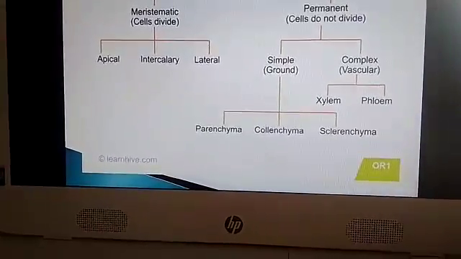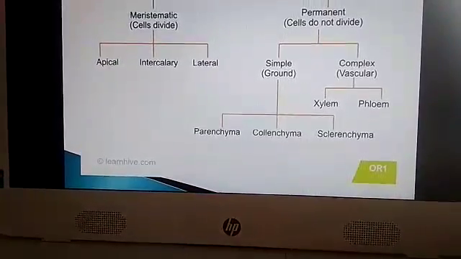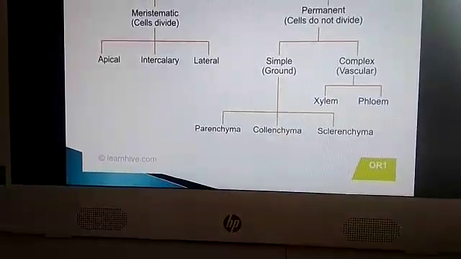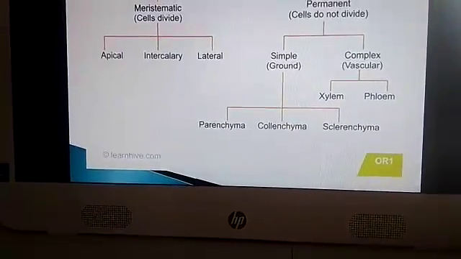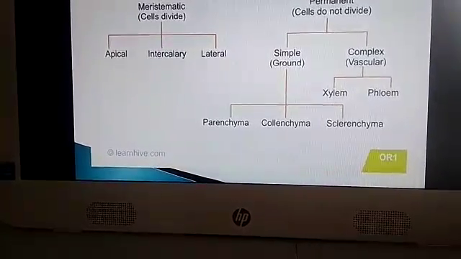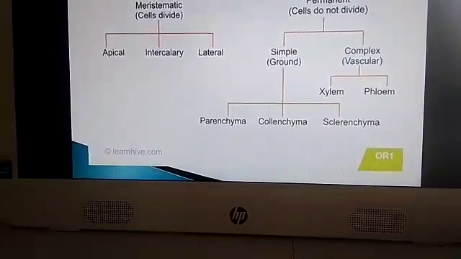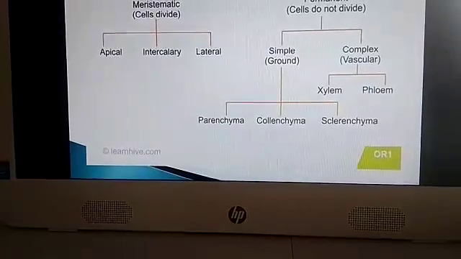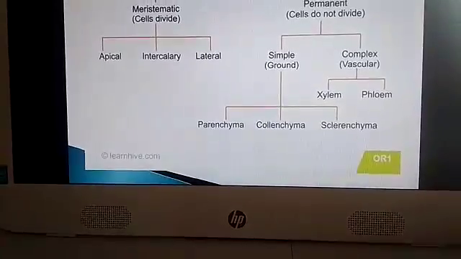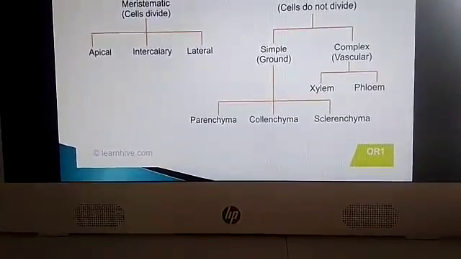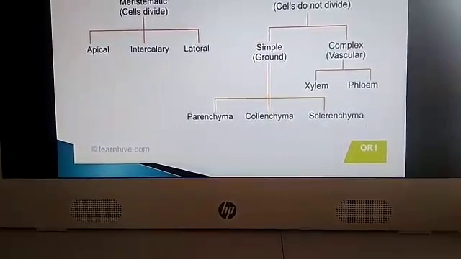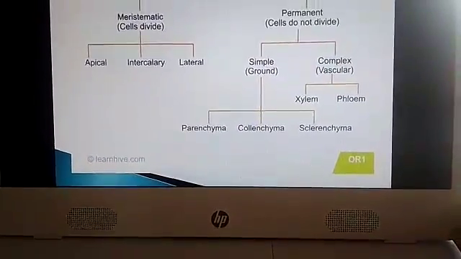In permanent tissue, cells do not divide and perform the same actions without any change. They are divided into two types, simple and complex. Xylem and phloem are involved in the transportation of nutrients.